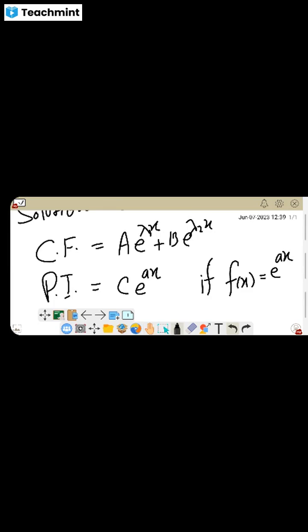If we have f(x) in this form, only then we'll apply this rule, and later we'll learn for different types of functions.